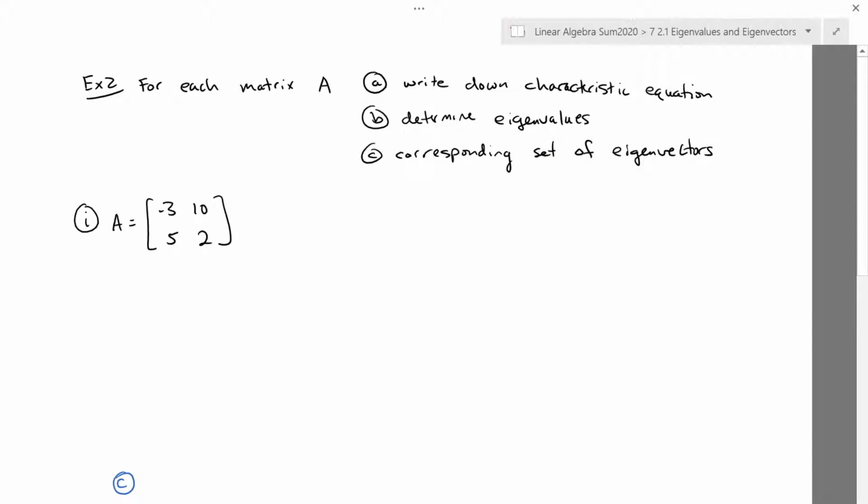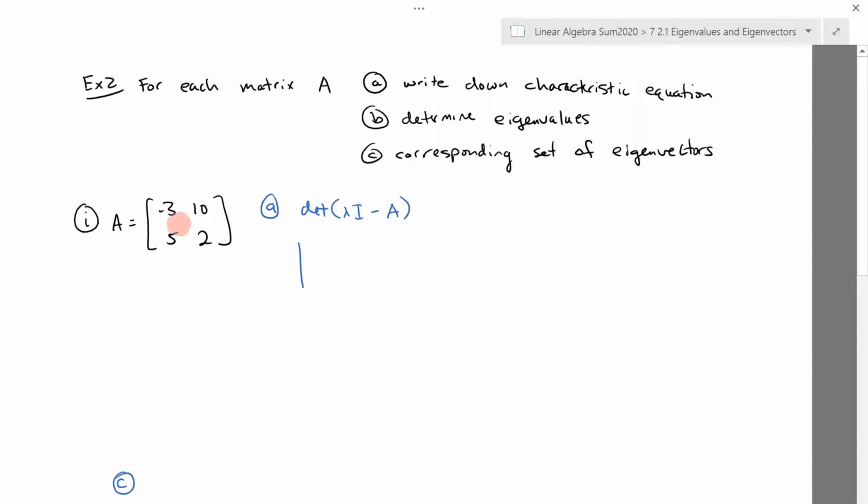Okay, so first the characteristic equation. That means we have to set up the determinant of lambda I minus A. So it'll be a 2x2 determinant.